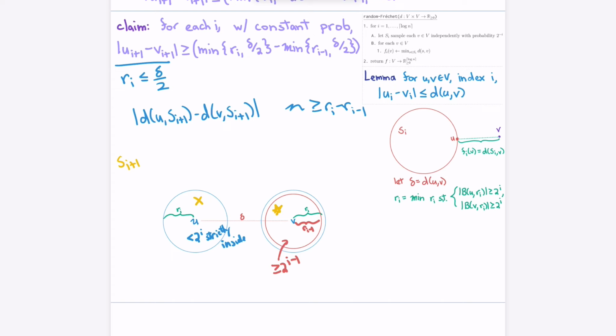So for that sometimes, suppose that the (i+1)th sample managed to avoid these at most 2 to the i points, but did sample one of these at least 2 to the i minus 1 points. Then what?